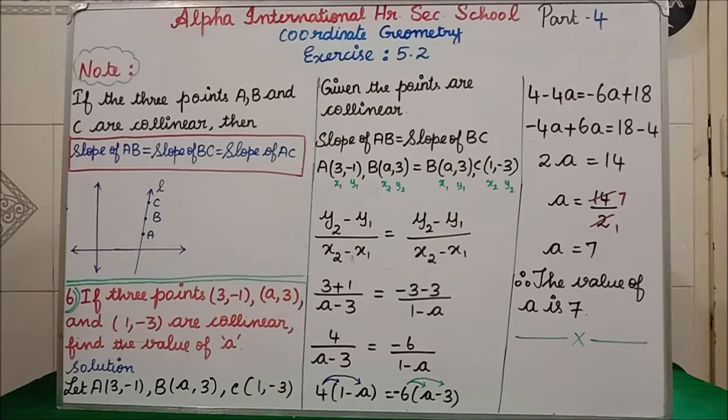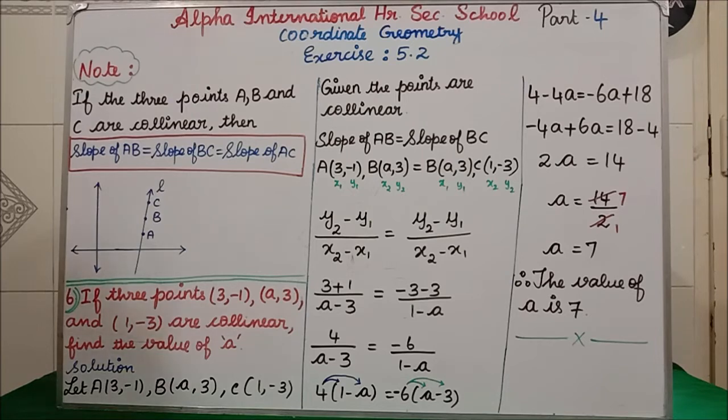Clear the difference? Clear students, in the exam they give 3 points like this and ask to find whether they are collinear. Either you can use the area of the triangle method from the previous exercise 5.1, or you can use the slope method. Any one method you can do.